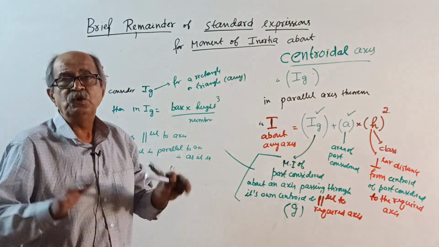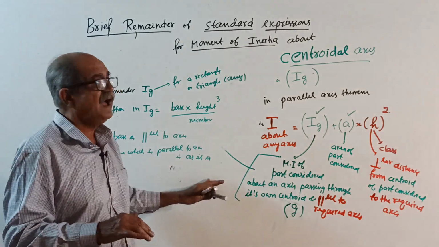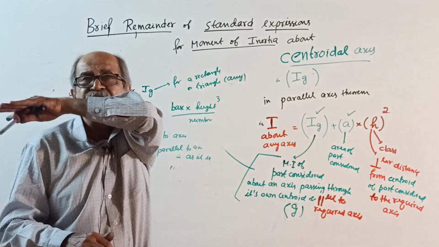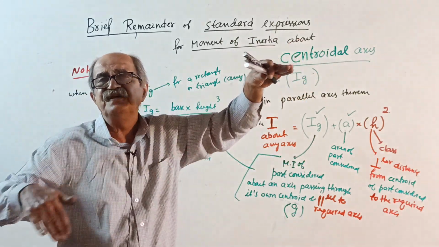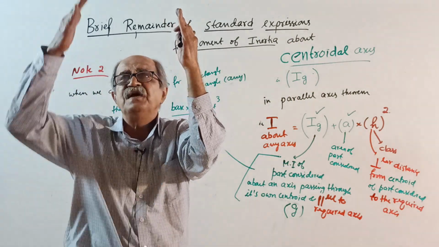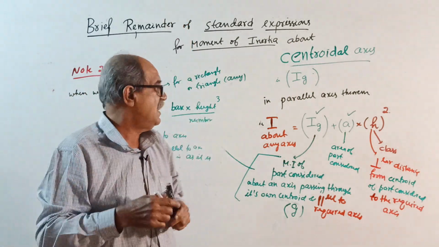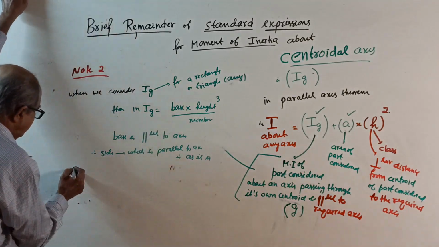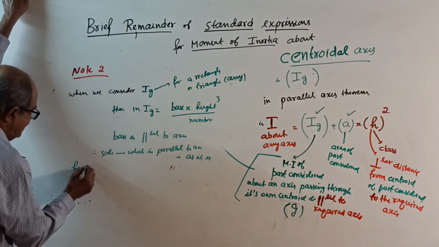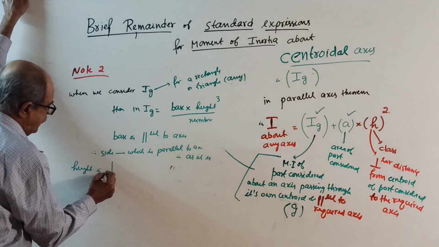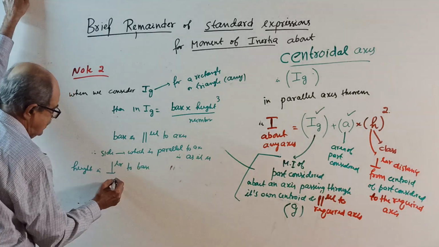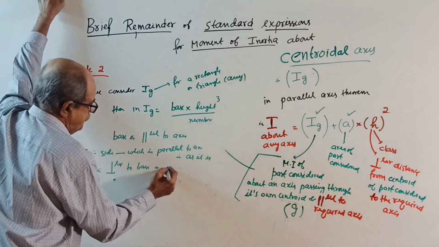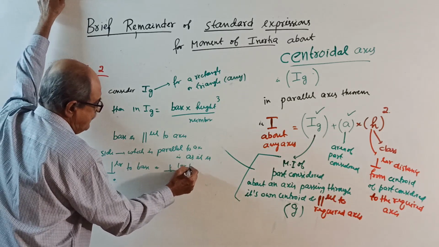If it is 200, that's all. Write as it is. When you want about a horizontal axis, horizontal side as it is. When you want about vertical axis, vertical side as it is. And height is perpendicular to base, or it is perpendicular to axis.